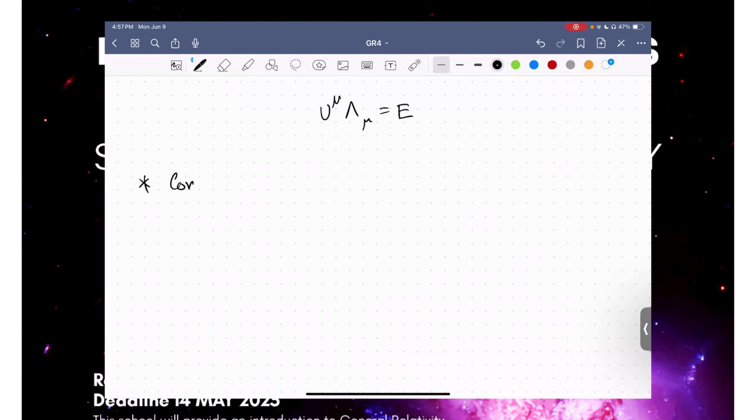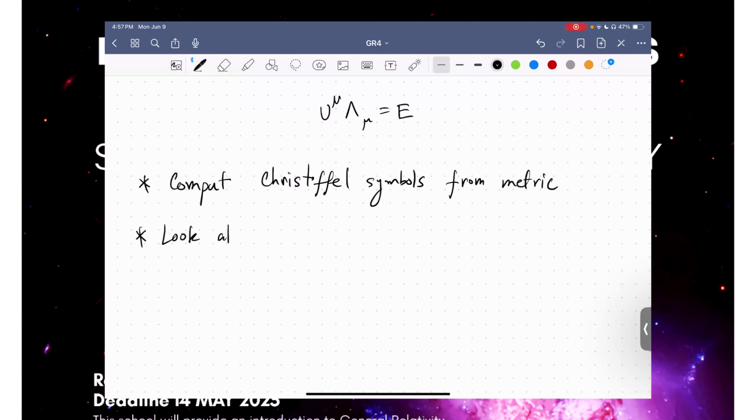First, compute the Christoffel symbols from the metric. Then look at the geodesic equations.